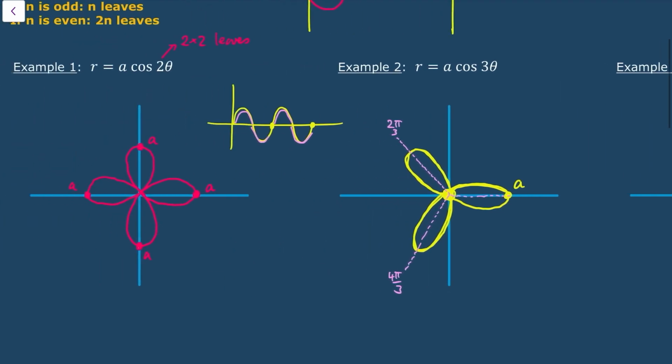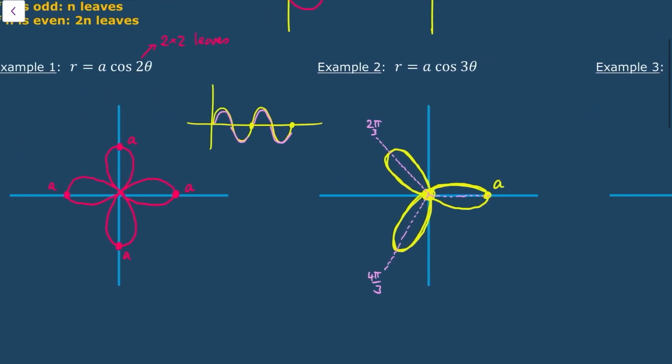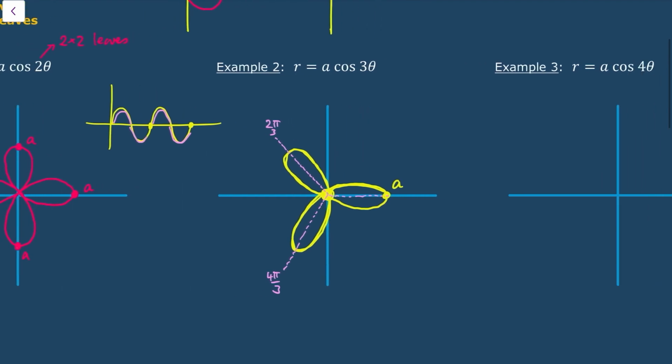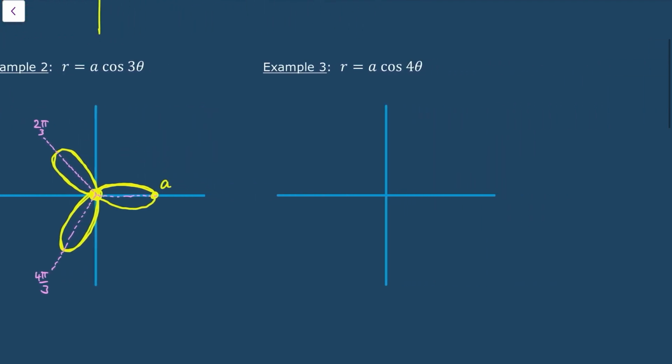So you can see that if I go from 2 theta, which was 4 leaves, to 4 theta, that would be 8 leaves, 4 times 2. I'm going to draw this out.